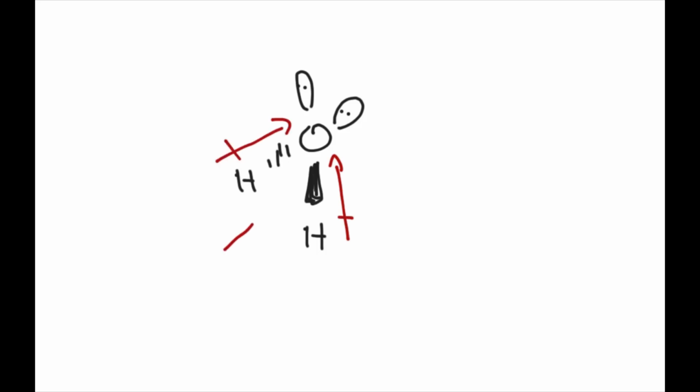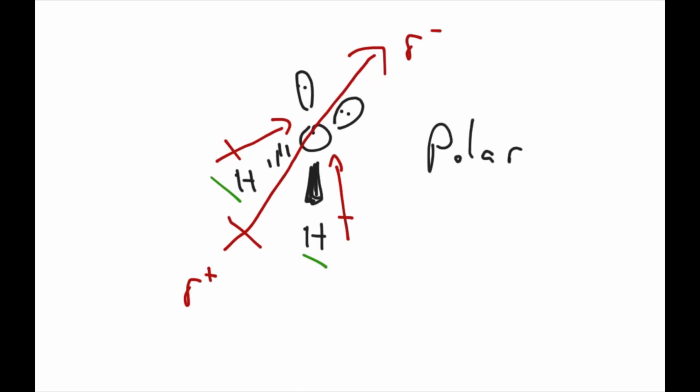Overall, there is a dipole that runs right through the center of oxygen, with the hydrogens being delta positive and the oxygen end being delta negative, so the dipole runs right through the middle of the molecule. We would consider this to be a polar covalent compound as well. It also has polar covalent bonds.